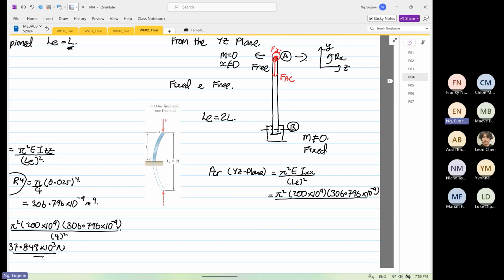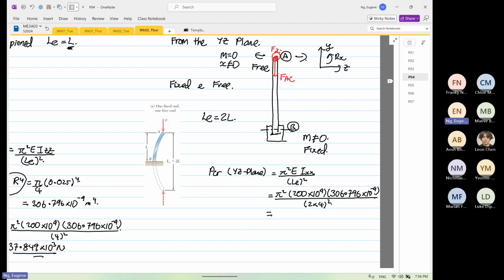And then you divide by LE, so this is 2 multiplied by the length 4, and the whole thing squared. Pi squared times 200 power 9 times 306.796 power minus 9, divided by 8, divided by 8.